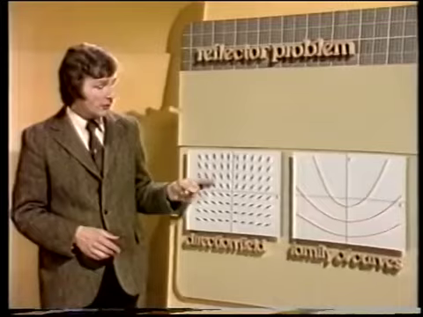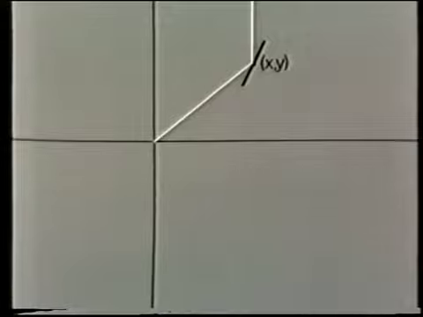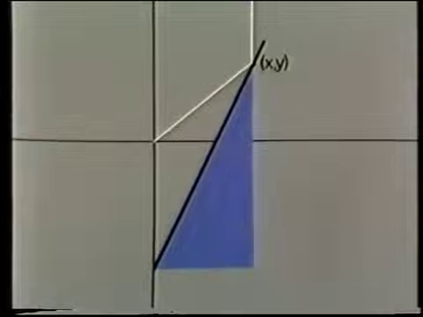Well, first I need a mathematical expression for these slopes. We pick a point, x y. We're looking for the direction of a mirror at x y that reflects light to the origin. Now this direction forms the hypotenuse of a triangle.